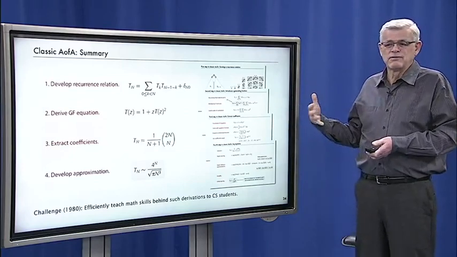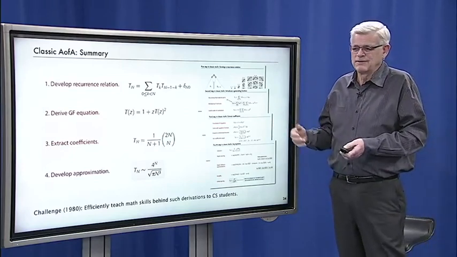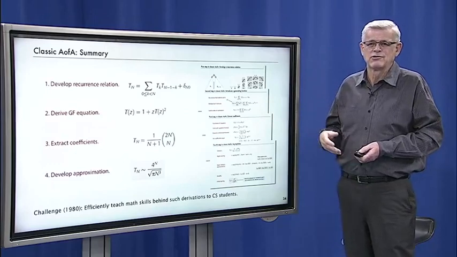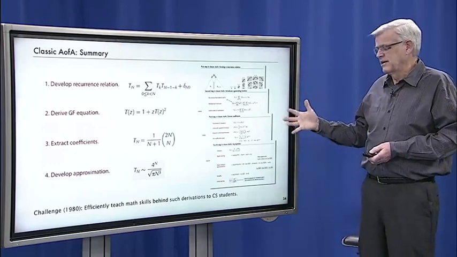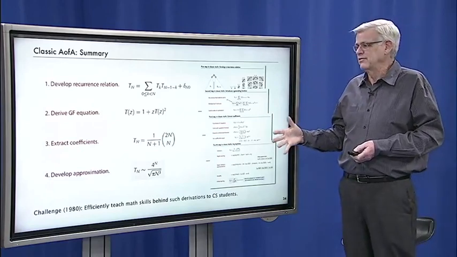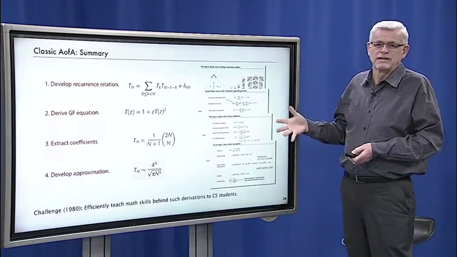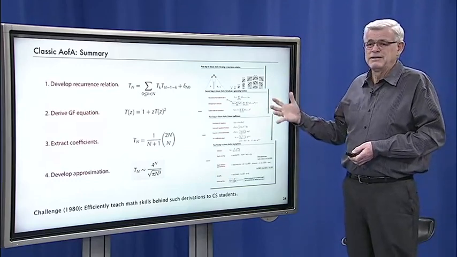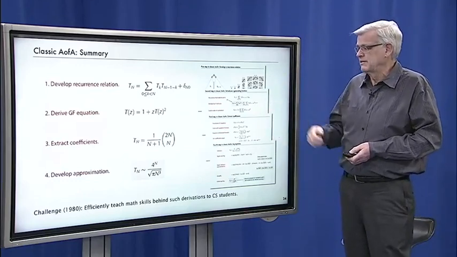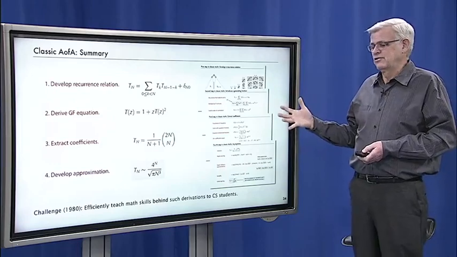So a challenge that we faced, in furthering our being successful as teachers and researchers, is how are we going to efficiently teach this stuff to CS students? This is the type of thing that anybody who wants to use a computer effectively really needs to know.